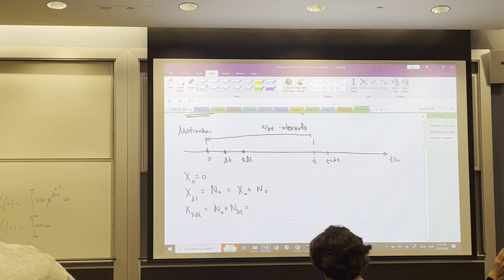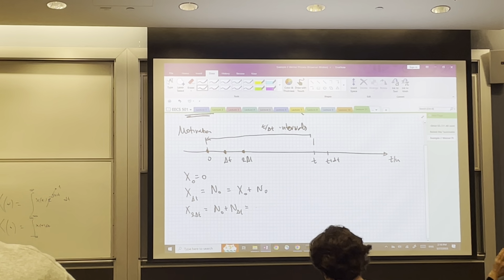Where all these n's, that is n0, n of delta t, n of 2 delta t, and so on, are IID random variables that are all normal 0, sigma squared delta t. That is, zero mean random variables with this variance.